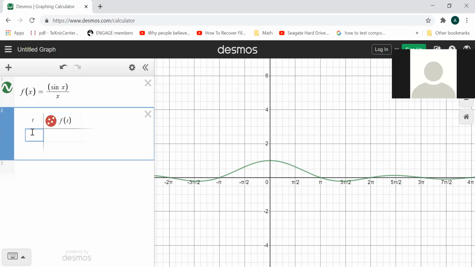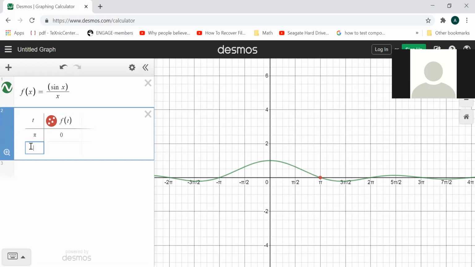Now we can do values of t, but remember, I want to make sure that my calculator is working with radians, so I want to put values like pi, for example. Just type pi and you get 0 there.